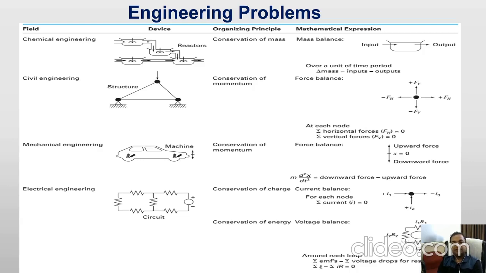Basically, to get the forces in individual members and the stresses, we need to apply the conservation of momentum, and after that we will have the force balance equation, which we have to solve to get the force. Further, we will have the geometrical information, like the cross-section area and the length, and once we use this with the individual forces, then we will be able to get the stress information.